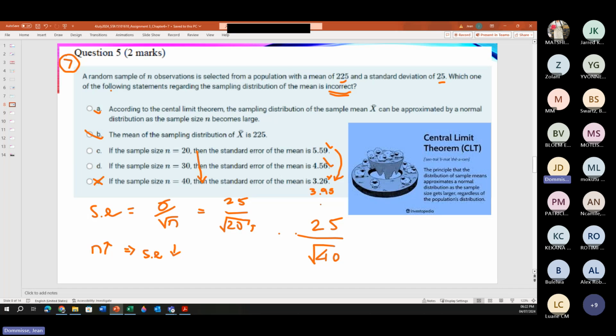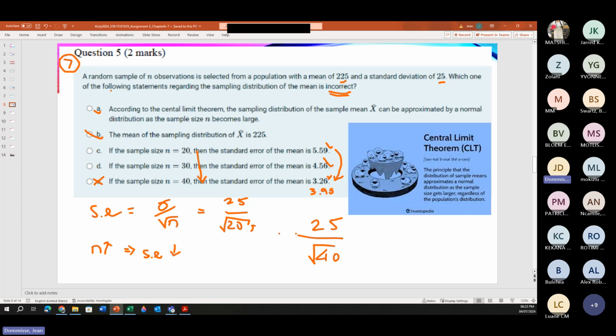Okay, but again, in a theory question, they could have asked you which one is incorrect: as sample size increases, standard error decreases; as sample size increases, standard error increases.